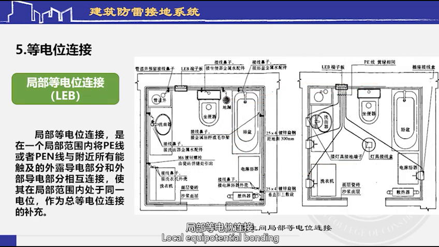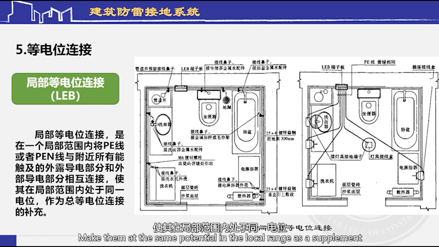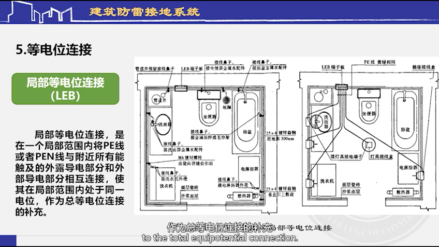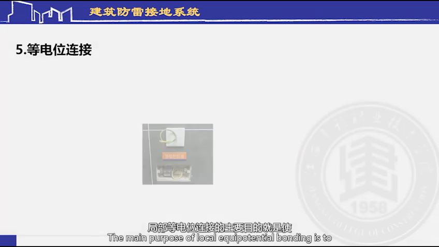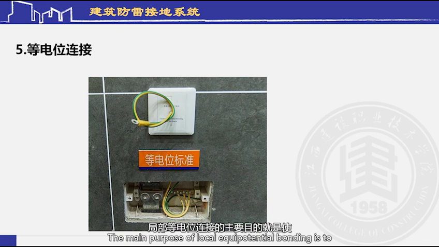Local equipotential bonding is to connect the PE line to all nearby exposed conductive parts and external conductive parts within a local range. Make them at the same potential in the local range as a supplement to the total equipotential connection. The main purpose of local equipotential bonding is to reduce the contact voltage below the safety voltage.